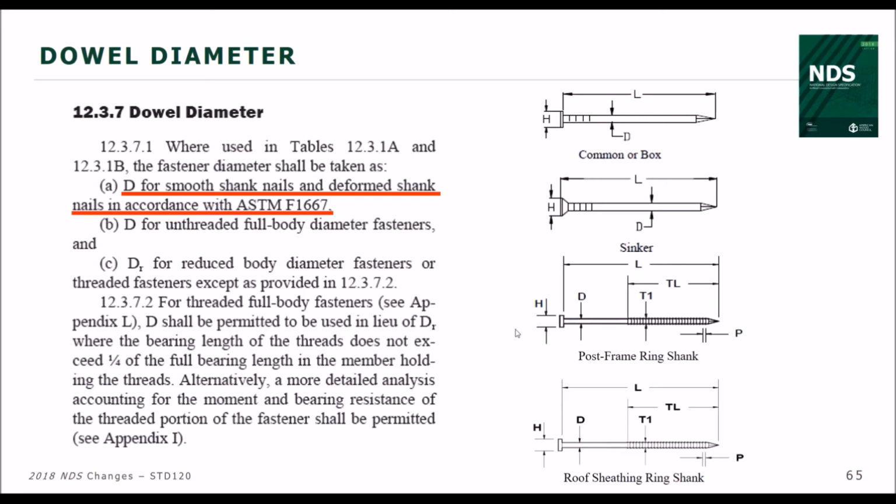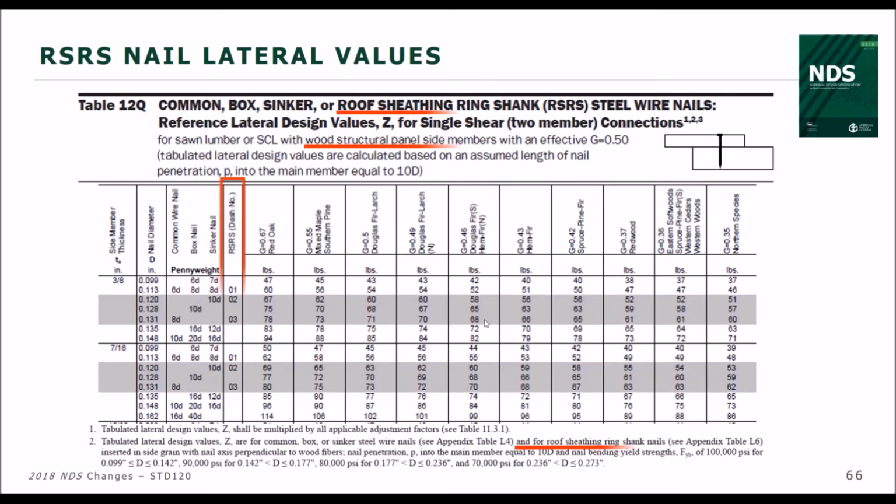So we're going to use that D not as the root diameter, but as the shank diameter, the main diameter, for both smooth shank and deformed shank nails. So what does that mean for our lateral values? Table 12Q has not changed except for adding roof sheathing ring shank nails.